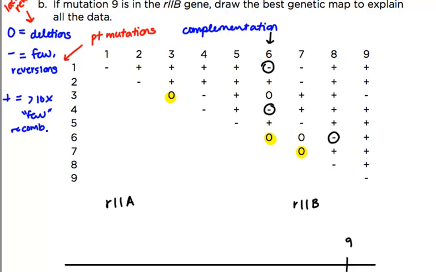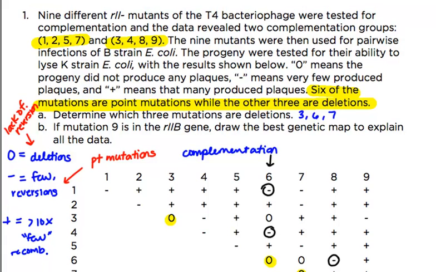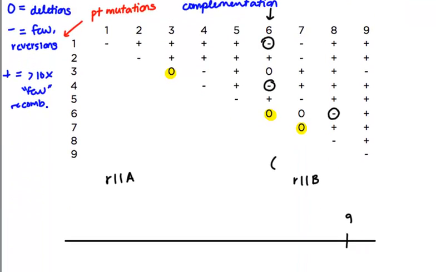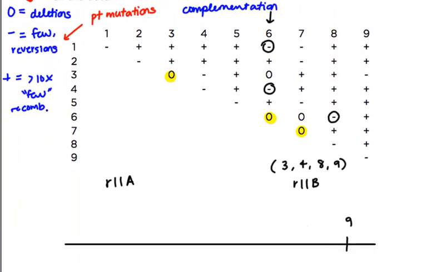Now, just to recap, if 9 is in R2b, from the complementation pairs we also know that 3, 4, and 8 must be in R2b, and therefore R2a must be 1, 2, 5, and 7. So let's say that this is the separation of our two genes.